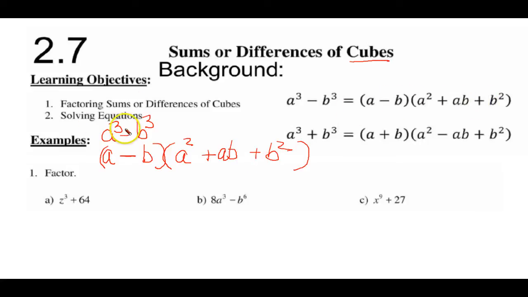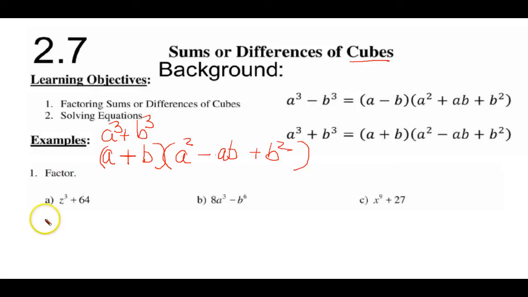Now, if this were a plus, the only difference would be that this would be a plus, and this one would be the opposite sign, negative. Again, we have the recipe right there. So take the cube root of a, cube root of b, square this, multiply these, the sign has already been determined, square this, and there we go. You have factored the difference and the sum of perfect cubes.